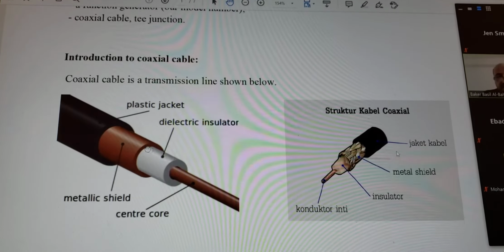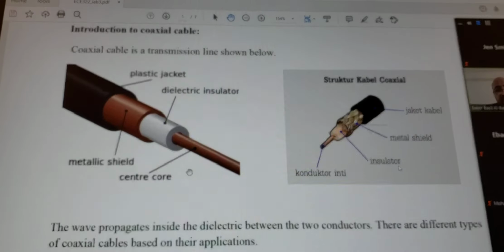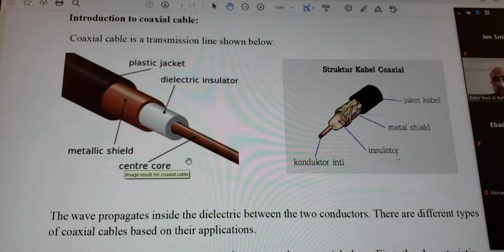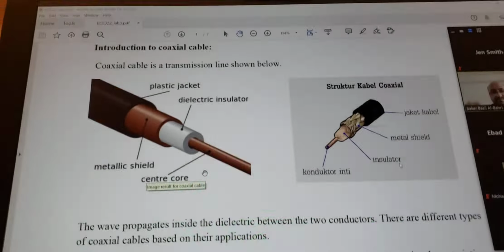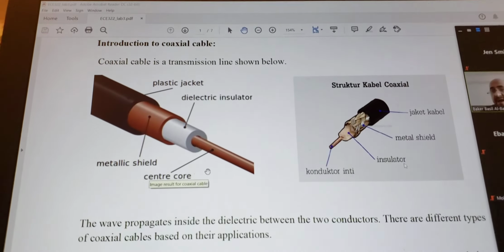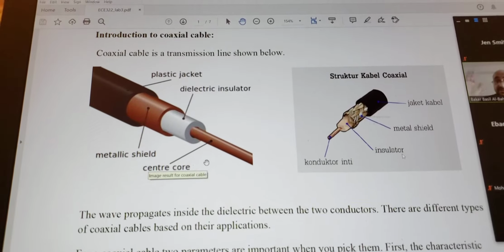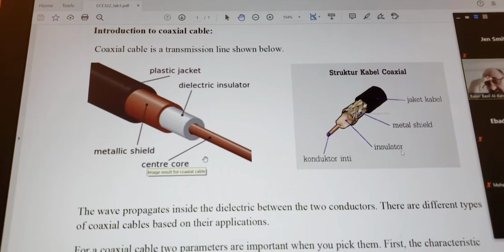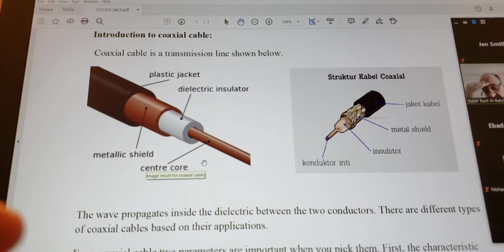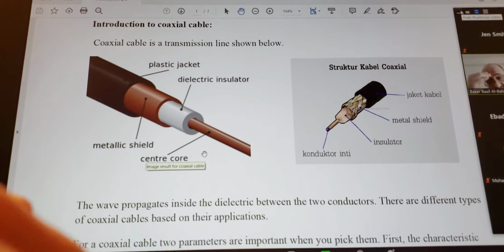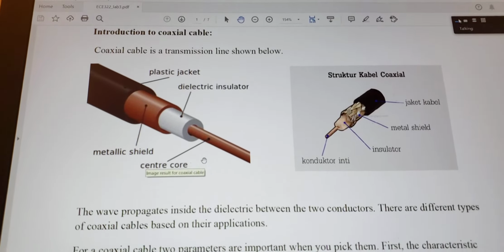And this is the transmission line, this is the coaxial cable. There are different kinds of coaxial cable and different structures, but as a standard, when you have a transmission line, one important thing for us is the characteristic impedance of the line.